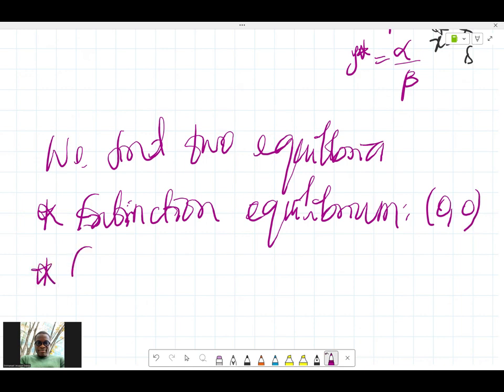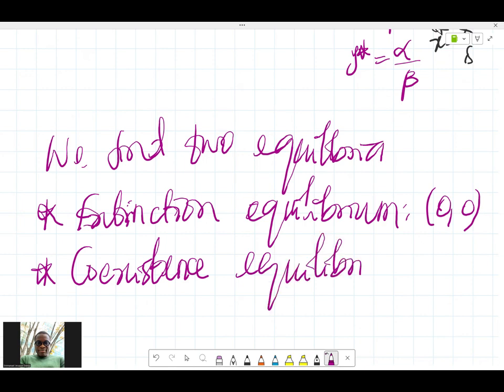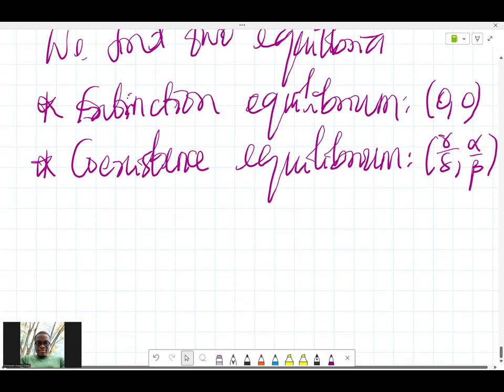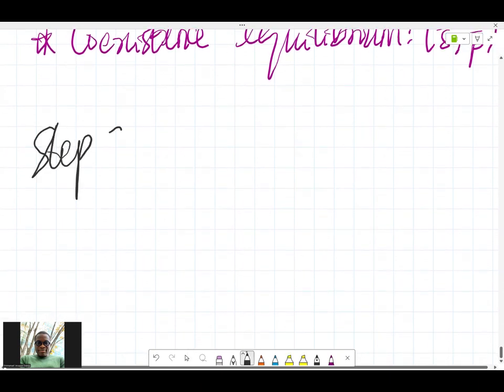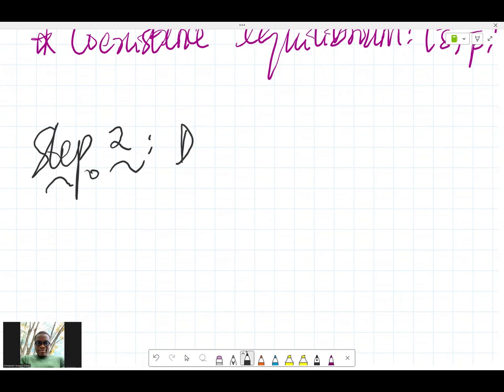And then we also have the coexistence equilibrium, where we have gamma over delta and then alpha over beta. So those are the two equilibria. So the next step is step two. Step two, define the Lyapunov function.